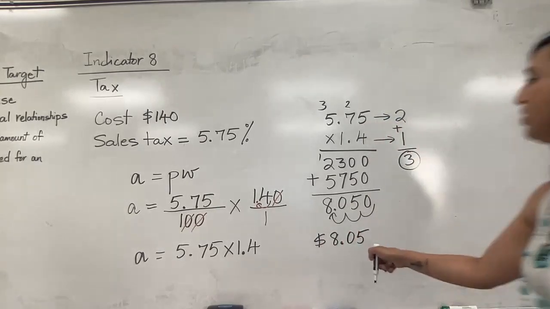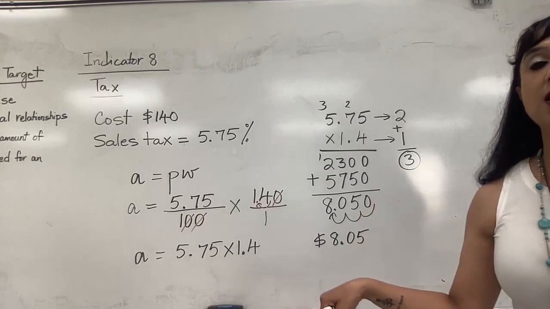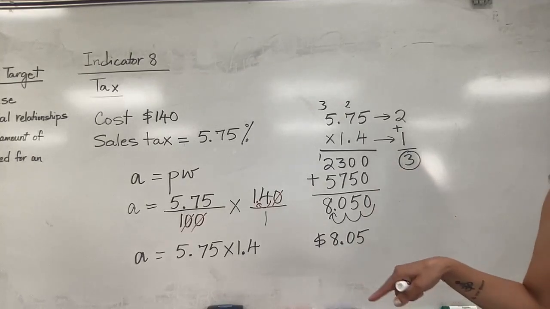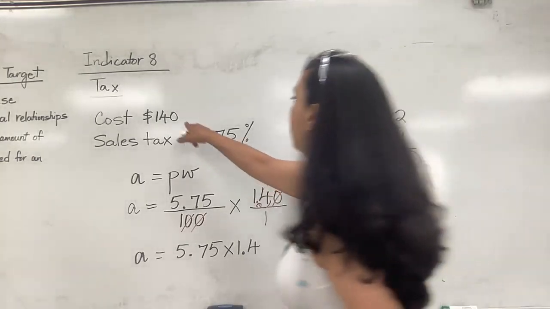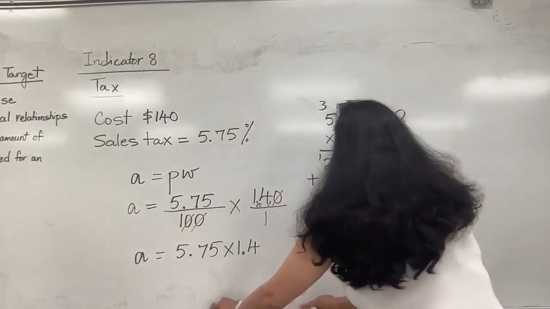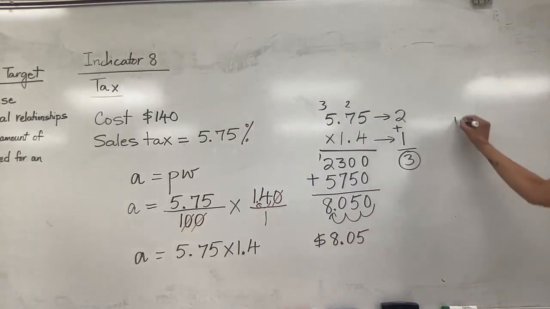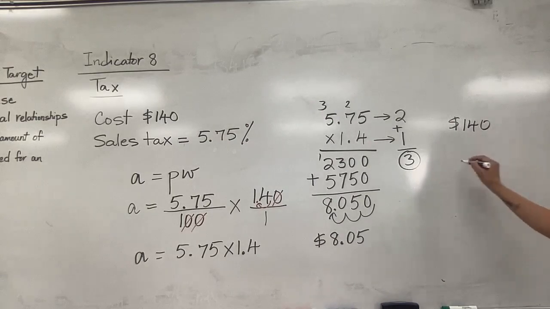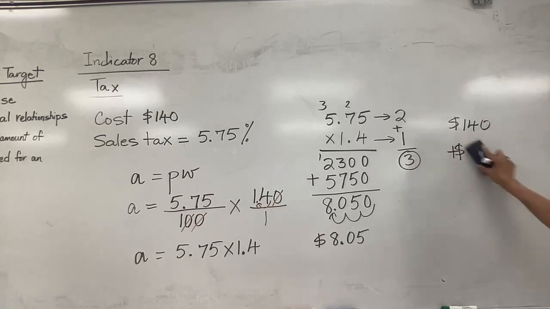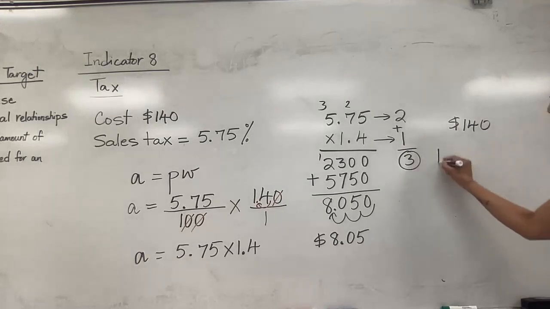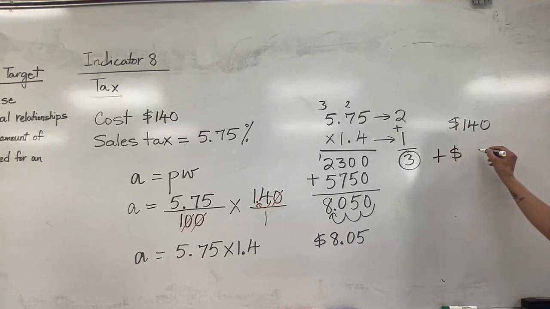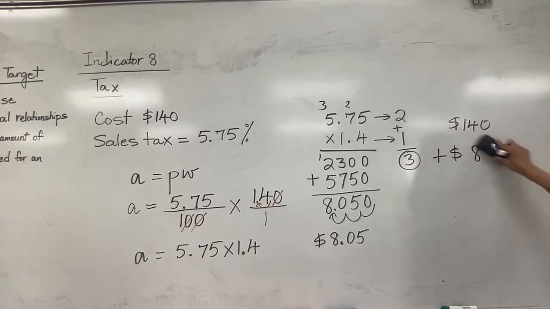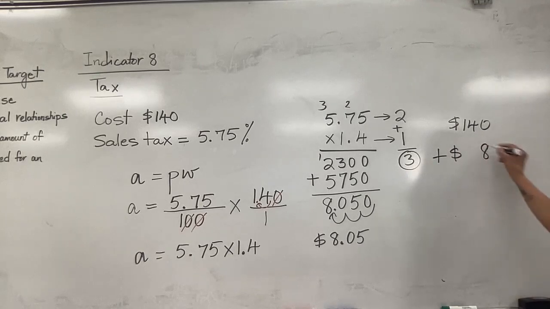So $8.05 is the extra tax that is going to be added to the $140 that I start with, because this was the cost. Okay, so I'm going to do $140 plus this tax, which is $8.05.